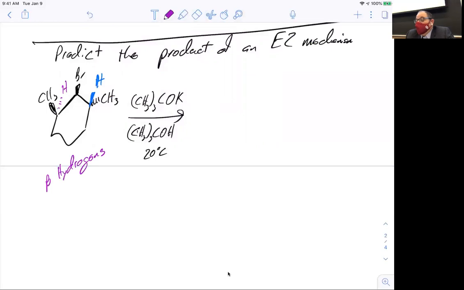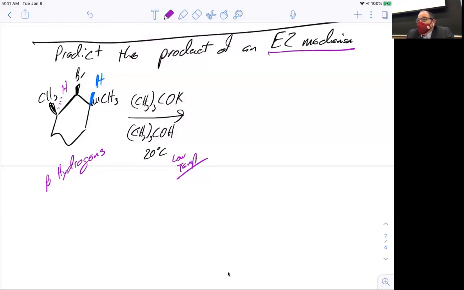It's going to be an E2 mechanism, right? We could have figured that out from a bulky base and the low temperature. Low temperature would suggest that we're going through a concerted mechanism and not a carbocation. High temperature would suggest a carbocation. But here we're looking at the beta hydrogens. So we have the blue beta hydrogen and the purple beta hydrogen.